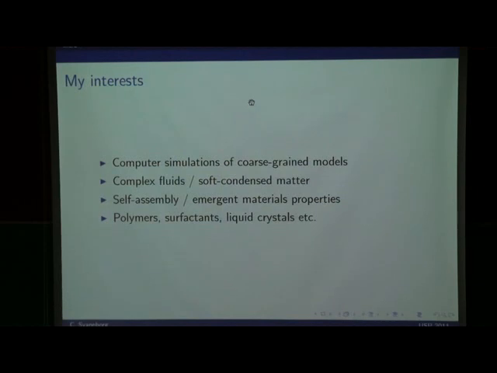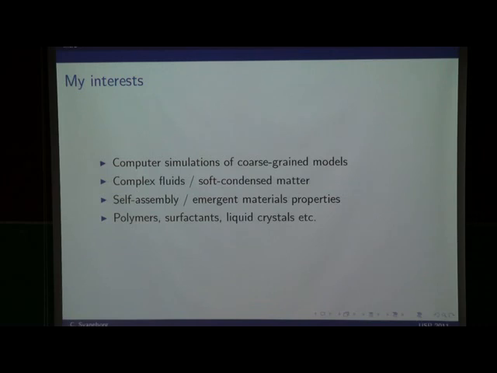My interests are to do computer simulations of coarse-grained models of complex fluids or soft condensed matter, depending on what kind of name you want to assign to this. What I think is interesting about these systems is the capability of self-assembly, and then you have emergent material properties. Complex molecules aggregate, organize, create materials, and these materials have very complex properties.